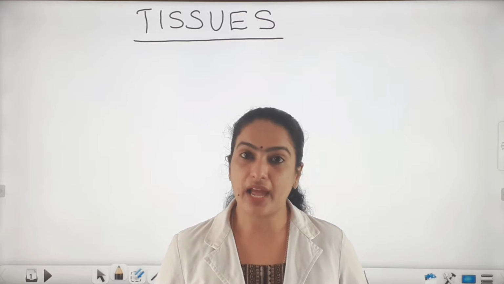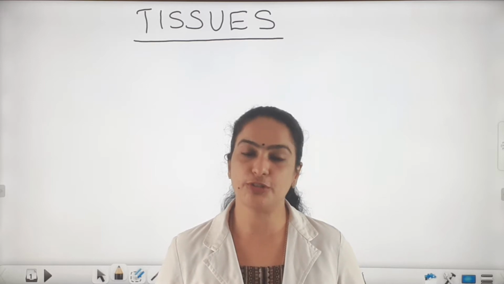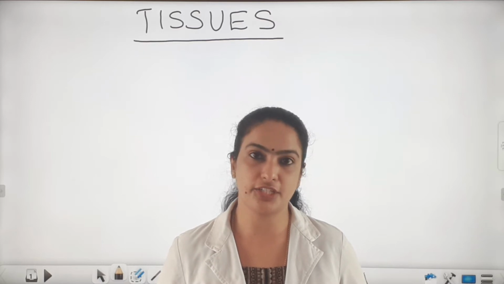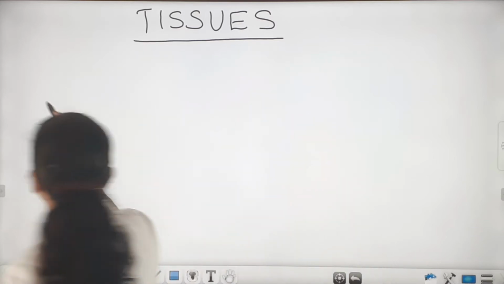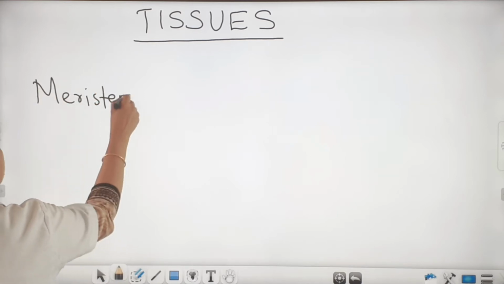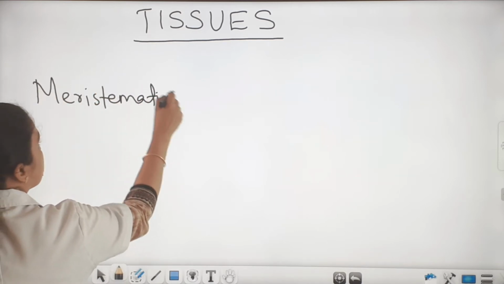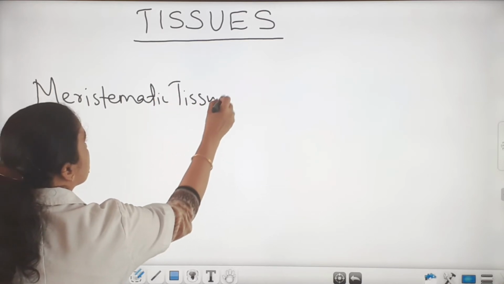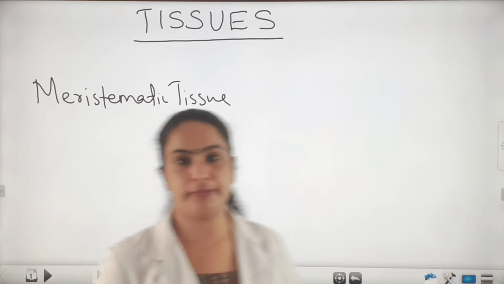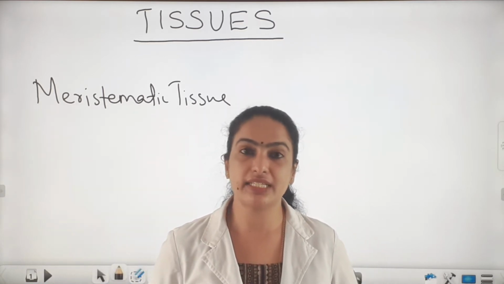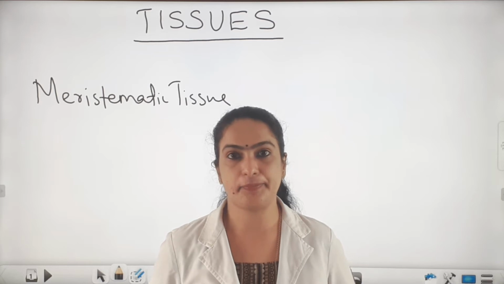As you know, plant tissues are classified into two: meristematic tissue and permanent tissue. Meristematic tissue you already learned in the last class. Meristematic tissue is a group of continuously growing or continuously dividing cells.